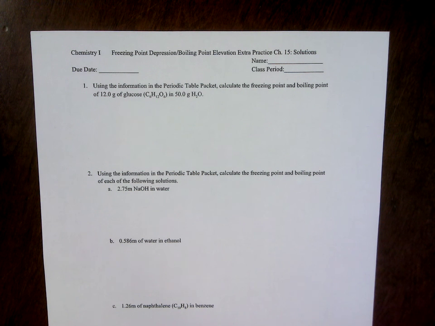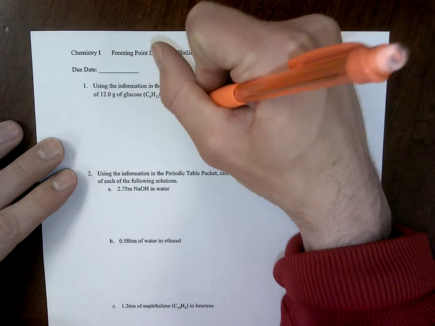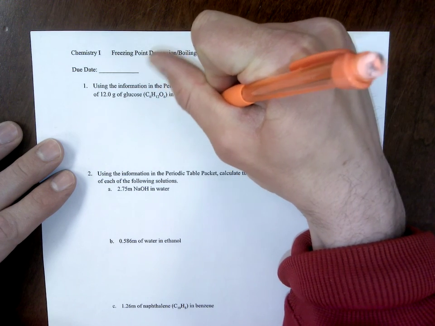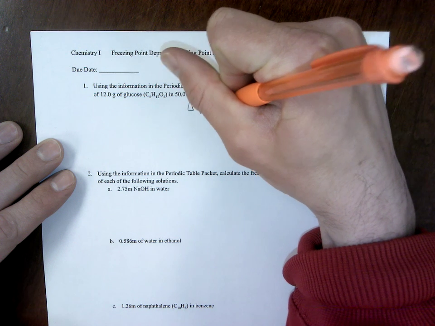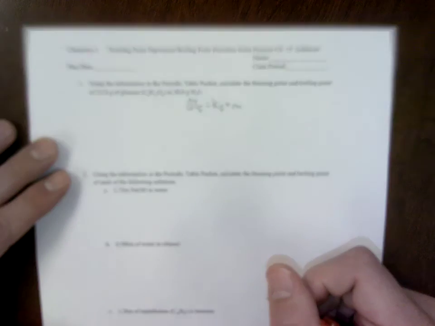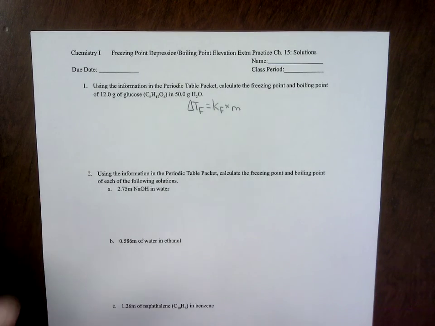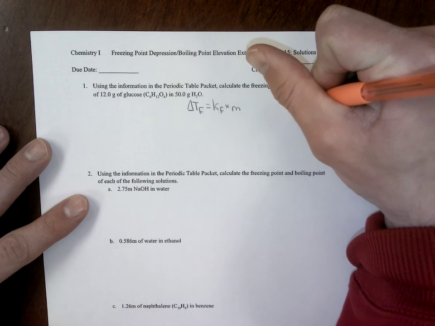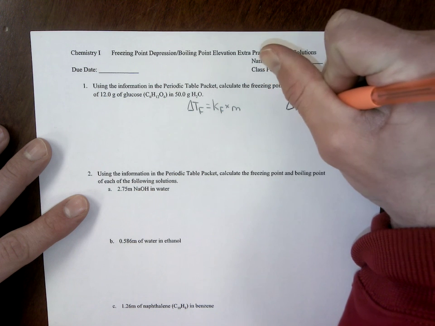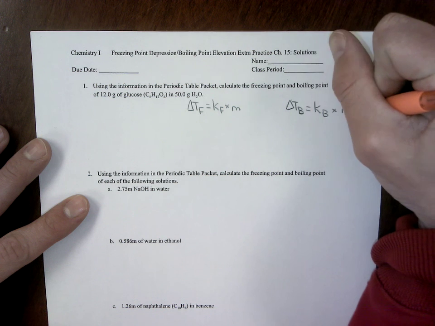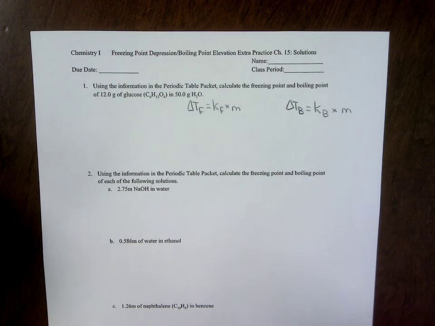For the freezing point depression, the formula that we're going to use here is delta TF equals KF times your m, molality. Now, your boiling point elevation is going to use delta TB equals KB times your m for molality.